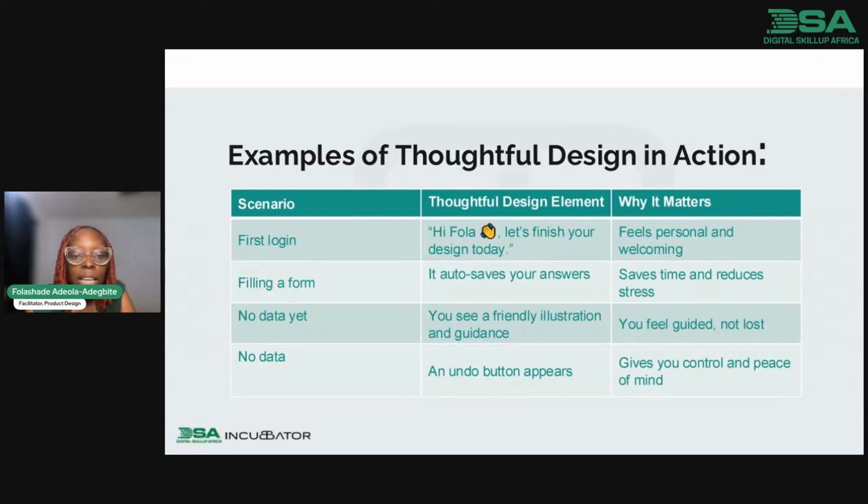Another thoughtful design element is an undo button that appears. You know that there are scenarios where you mistakenly click on delete, or on our laptop we are doing something and delete it, and you can quickly do Ctrl Z. Imagine that someone did not think about it, that people make mistakes.